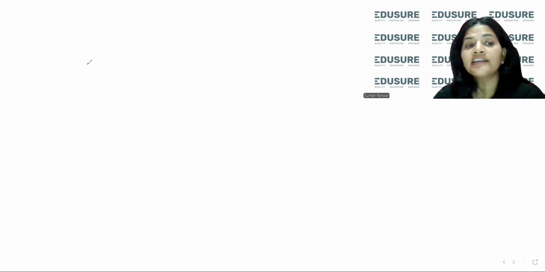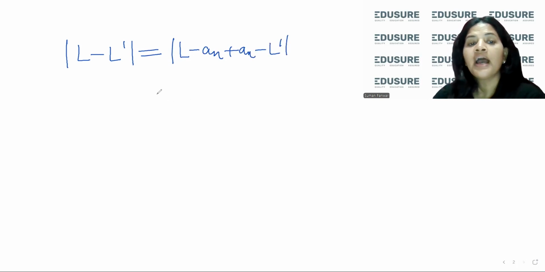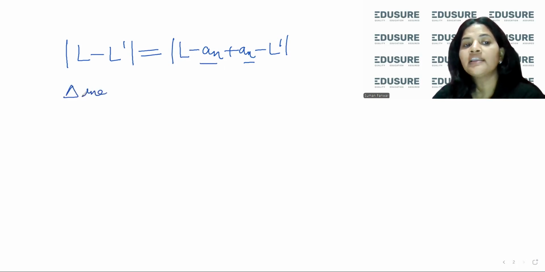Now, let us look at something. |L - L'| can be written as |L - a_n + a_n - L'|. What I have done is I have added a_n and subtracted a_n. Now there is something known as the triangle inequality.